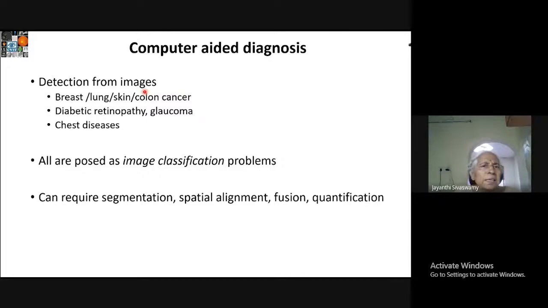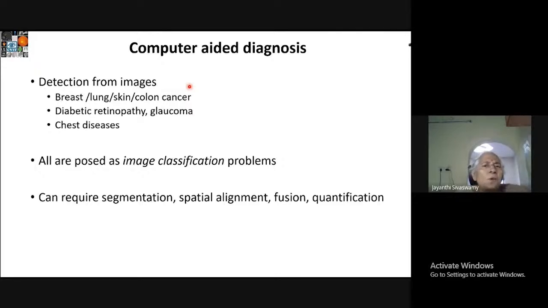Here, skin would be optical, this is X-ray, this would be MR, and this would be mammogram. Similarly, there are CAD systems being built for chest disease as well. Given a chest X-ray, can you do this? Or given a chest CT, can you classify it as COVID or non-COVID, and so on. So you have CAD systems for so many diseases, all built with images as input.